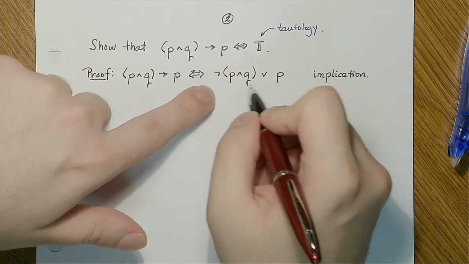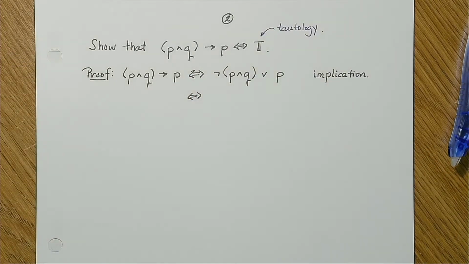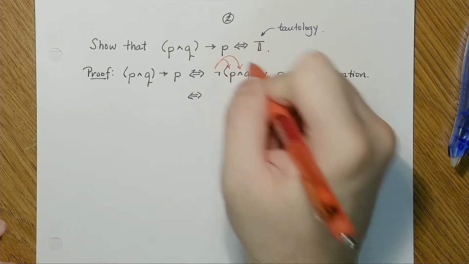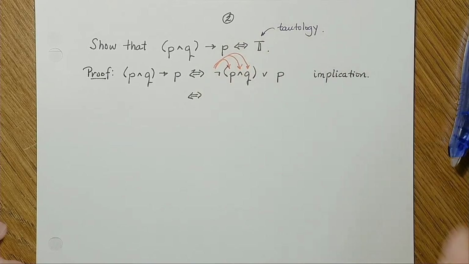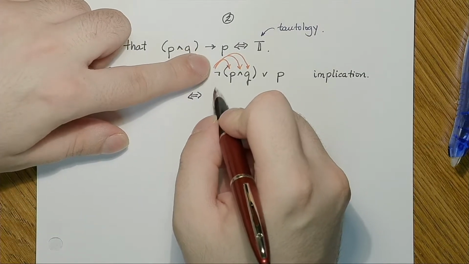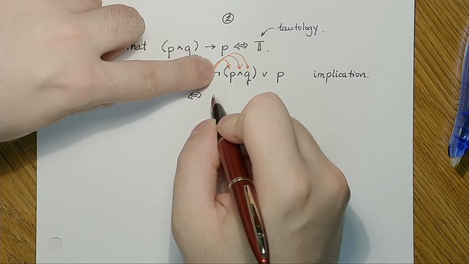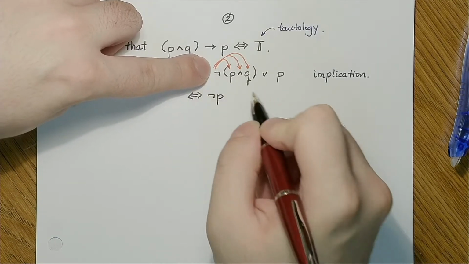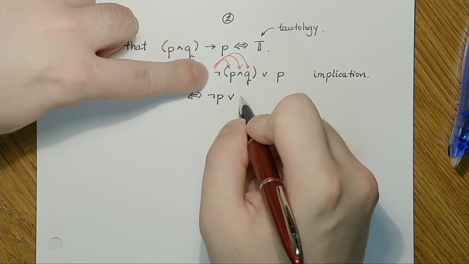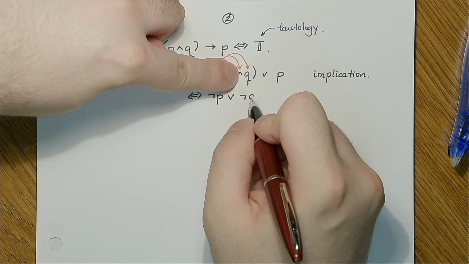We can't move them yet because I have this negation in front here. So what I will do is distribute that using De Morgan's law. What this is to distribute this negative, or De Morgan's law, it's the negation of the first proposition, and the and will switch over to an or. And lastly, the negation of the second.